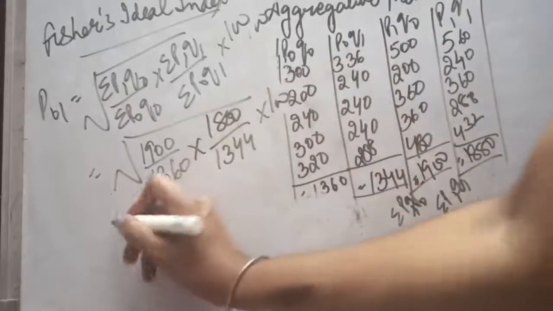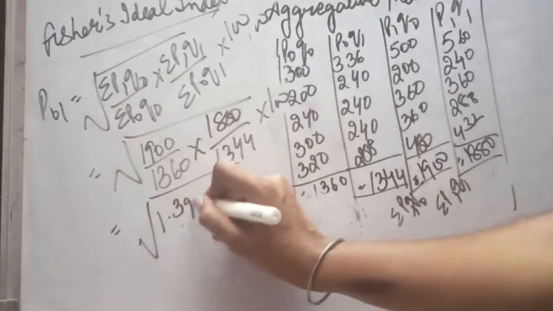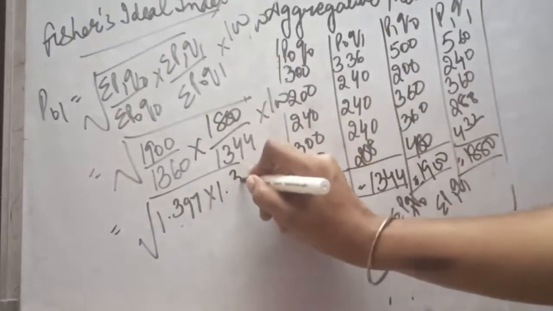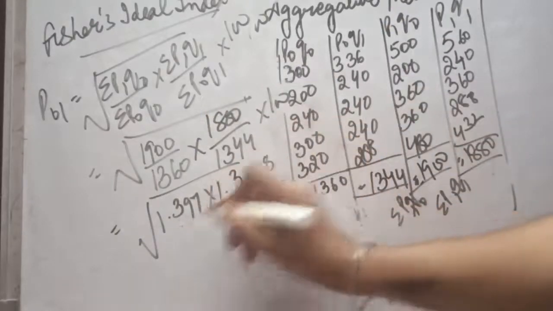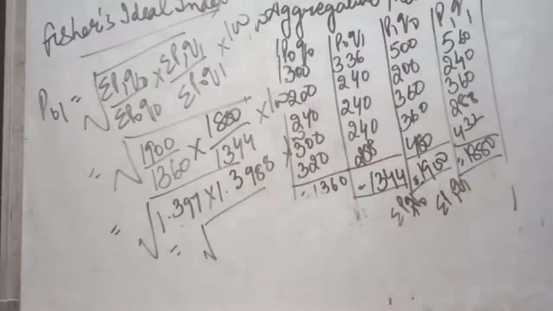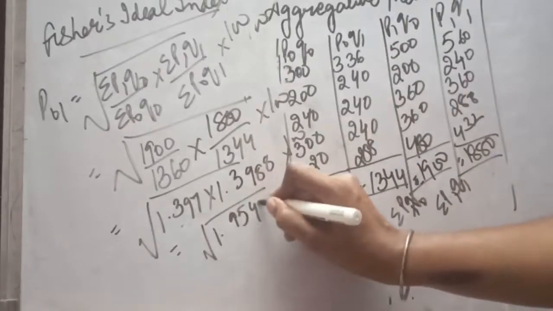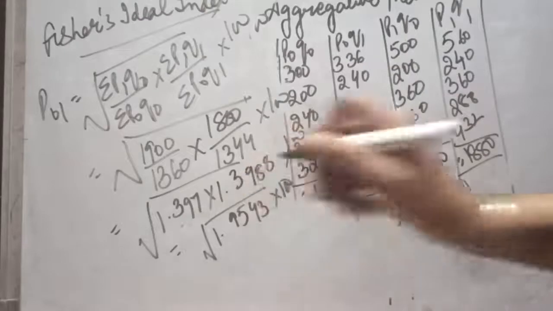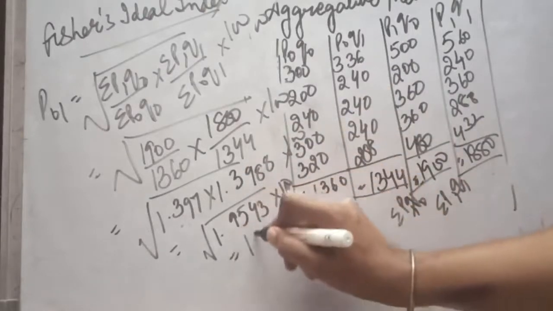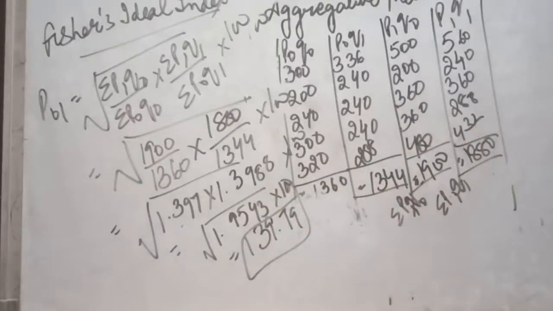We divide inside: the first part is 1.397, multiplied by the second part, 1.3988. Multiplying both, it comes out to be 1.9543, multiplied by 100. Now take the square root of this. This is 1.39 something into 100. So finally the answer will be 139.79. This will be the final answer.